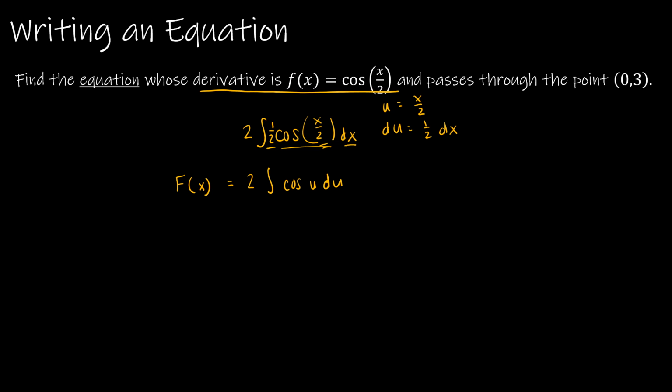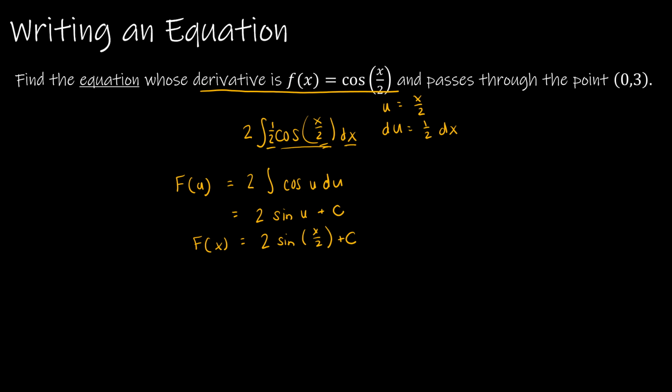So if I integrate that, I end up with 2 and then sine of u plus c. And then, of course, I would just say that f of x, because that was technically f of u. And now if I replace u with x, this is 2 sine of x over 2 plus c.